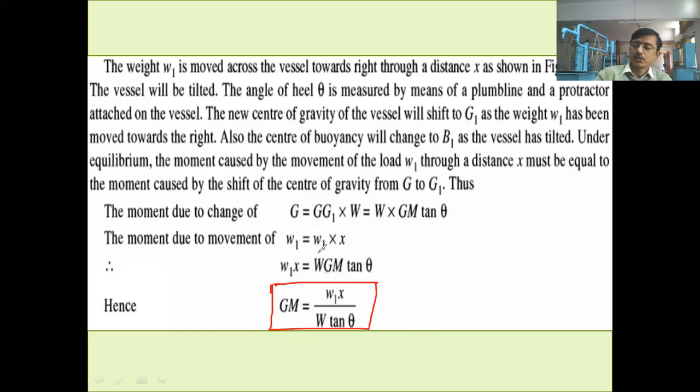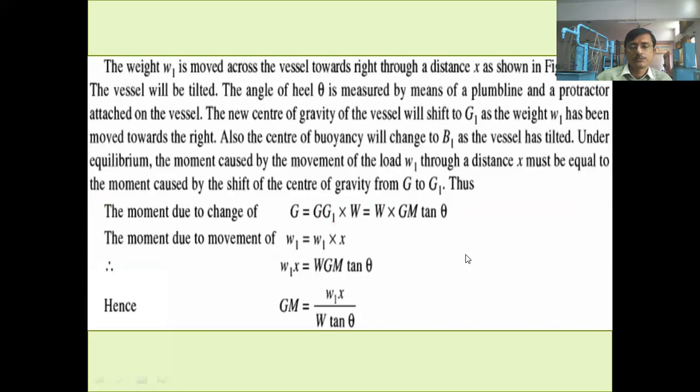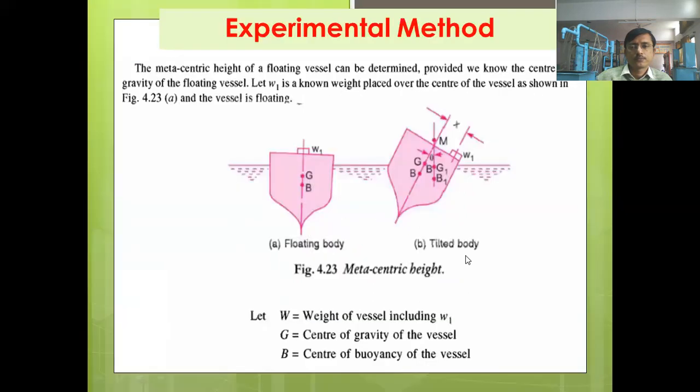So now you can note it down in your notebook. If you don't have any doubt, write on the title. Is there any doubt to anyone? Then I can explain it once again if you don't understand it. Anyone having any doubt in the derivation of this experimental method for metacentric height?